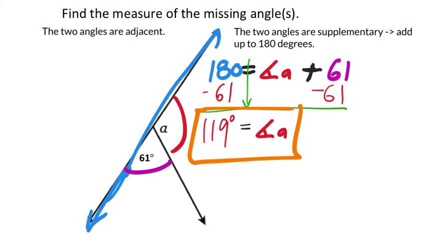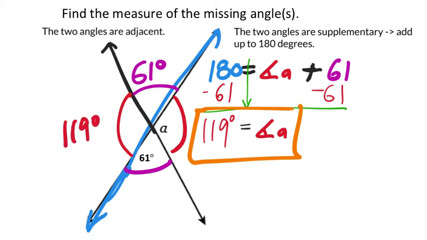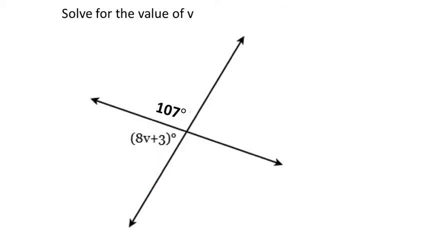Again, if by chance this ray right here were to extend to make it a line, then I would know that this angle right here would also have been 119 degrees. Or if they wanted us to find this one, we'd know that one's 61 degrees, and that's from vertical angles.